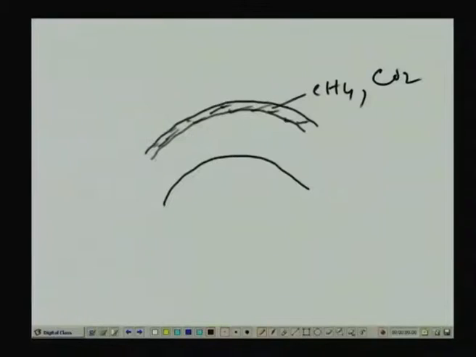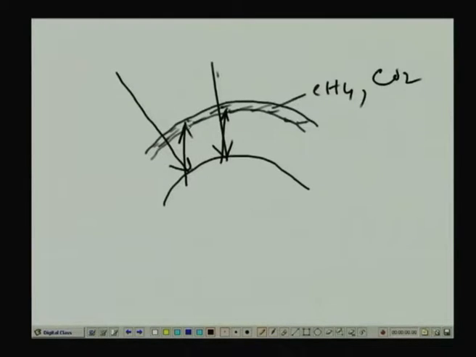Now the situation is this. CH4 and CO2, when they are in the atmosphere, form a layer which essentially reflects some of the sun's rays that are coming in. As you can see, there would be a change in the medium.